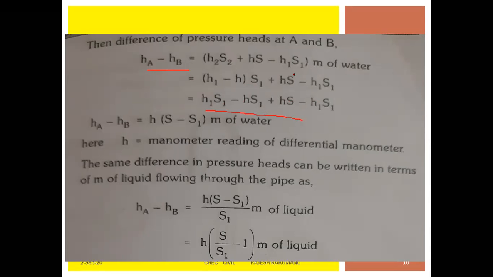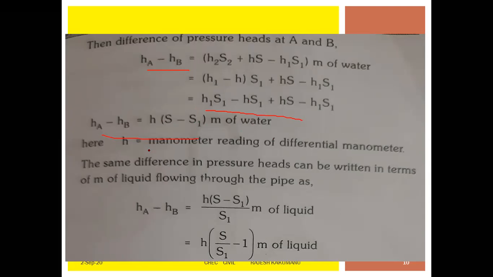Next, what is the total HA minus HB? HA minus HB is equal to, what is the common here? We are taking H common: H of S minus S1, where H is the manometric reading of the differential manometer, meters of water.